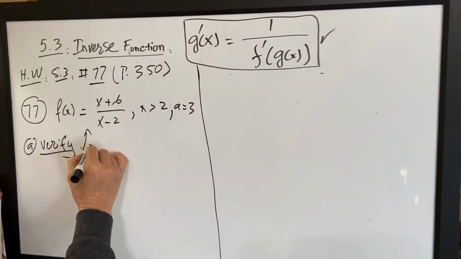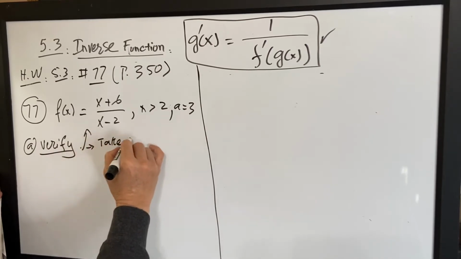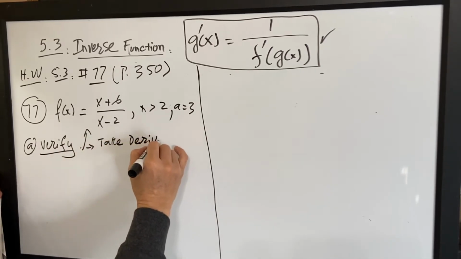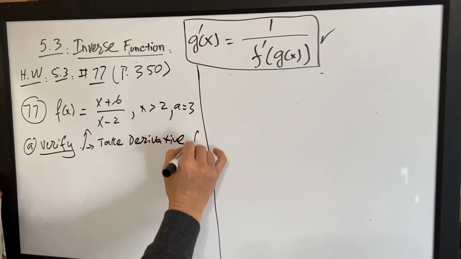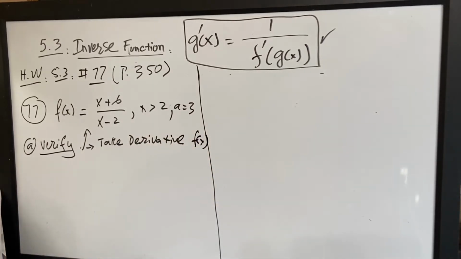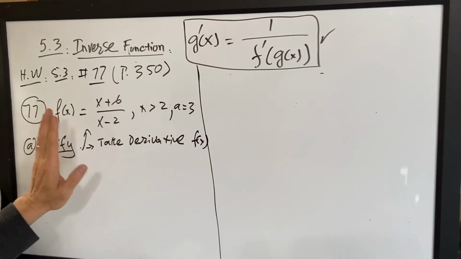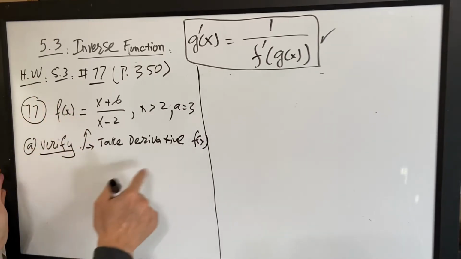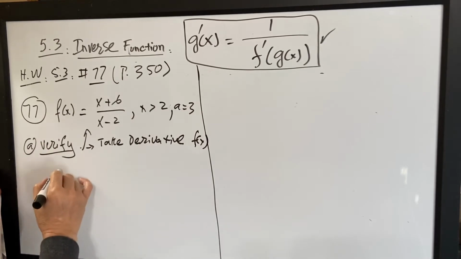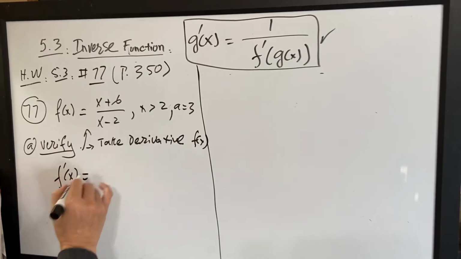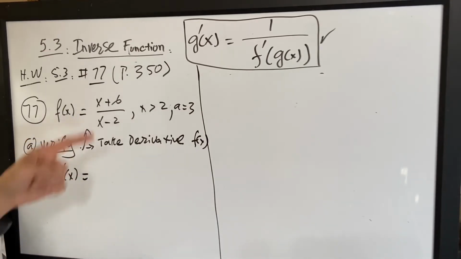The technique to do so is to take the derivative of the function f of x. This is one stone that kills several birds because I am now reviewing with you how to take the derivative of a rational function.